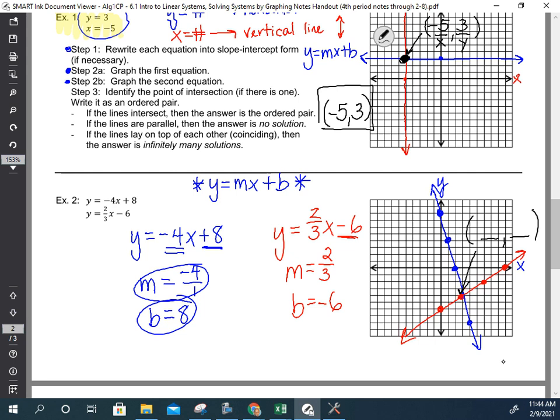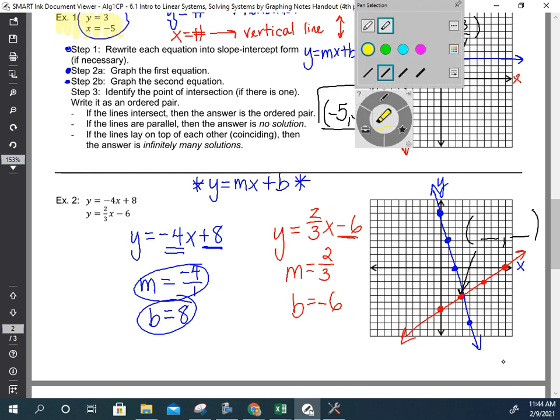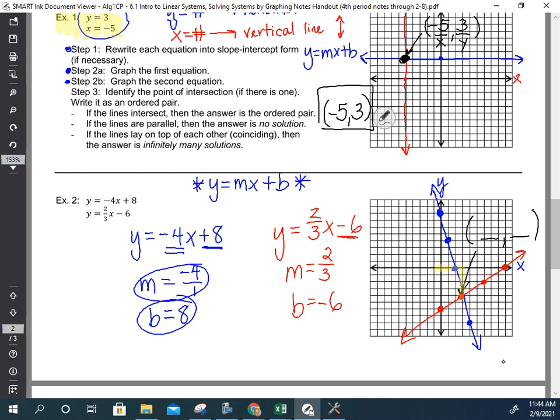That's not difficult, we just count over. If you start from the middle, it's 1, 2, 3 to the right, 1, 2, 3, 4 going down. That's 3, comma, -4.